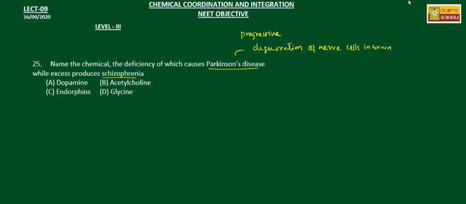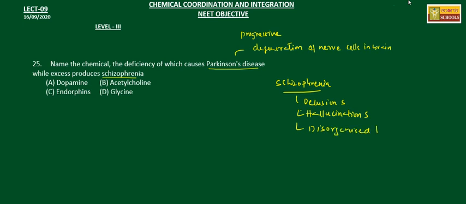And then schizophrenia. So in the case of this schizophrenia, there will be symptoms like delusions, which are false beliefs and are not based in reality. So that is delusions. Then the person also will have hallucinations, and there will be disorganized thinking.